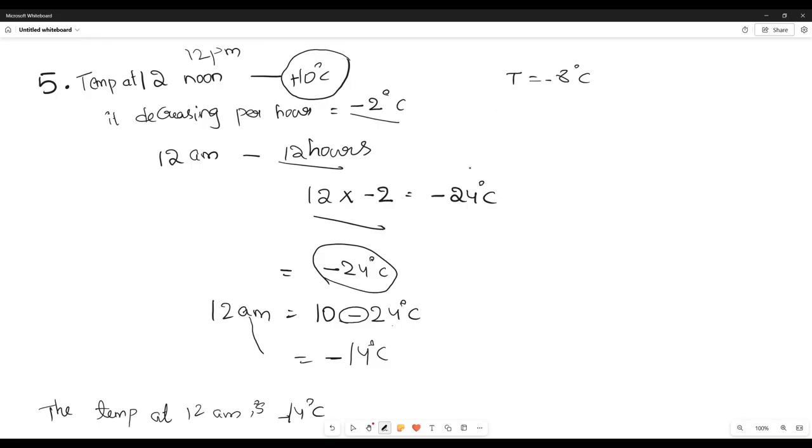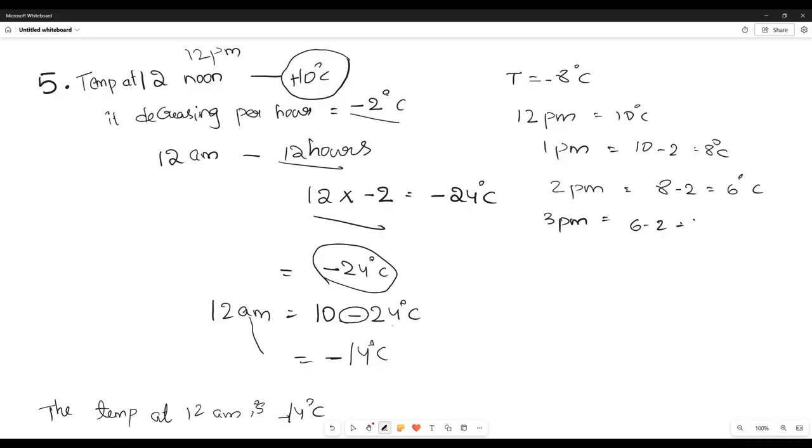Let's do it. At 12 p.m., it is 10 degrees. 1 p.m., 10 minus 2, which is 8 degrees, but we need it in negative. 2 p.m., 8 minus 2, which is 6 degrees Celsius. 3 p.m., 6 minus 2, which is 4 degrees. 4 p.m., 4 minus 2, it is 2 degrees. 5 p.m., 2 minus 2, it is 0 degrees.